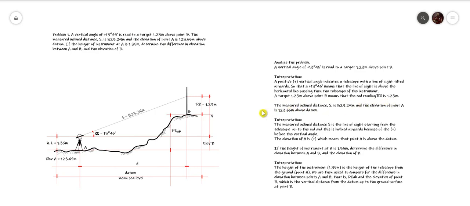Next line. The measured inclined distance, S, is 823.29 meters. And the elevation of point A is 123.65 meters above datum. The measured inclined distance S is the line of sight, starting from the telescope up to the rod.